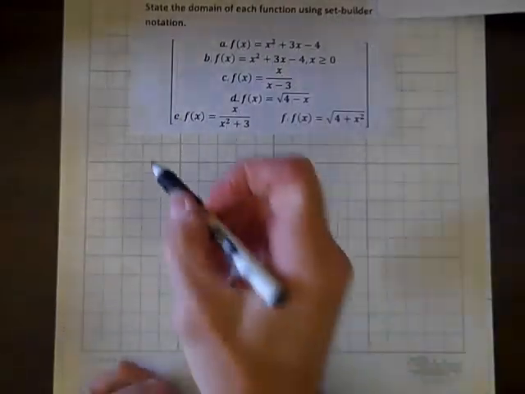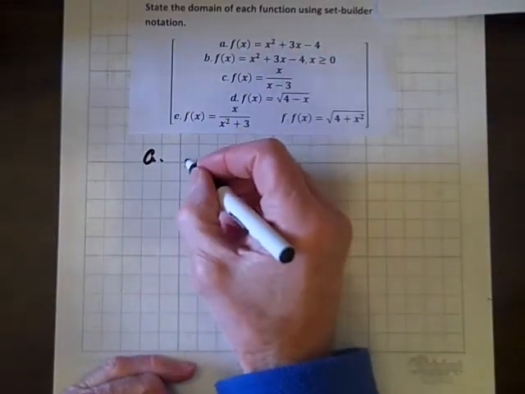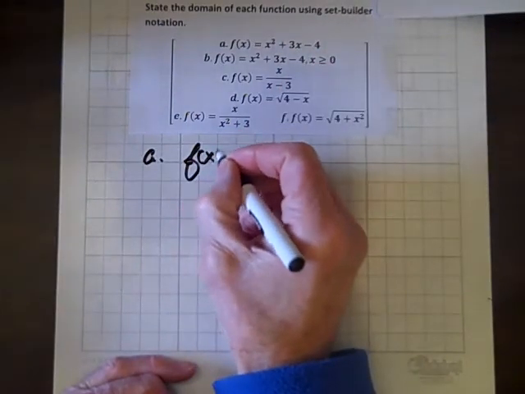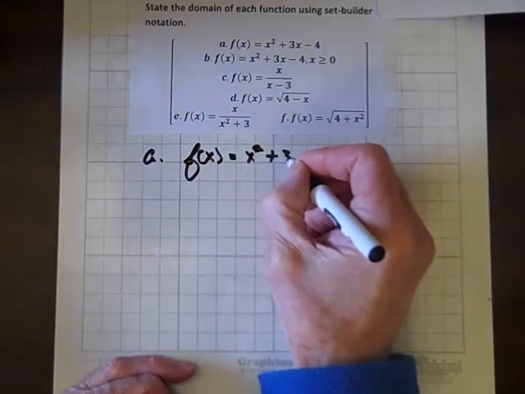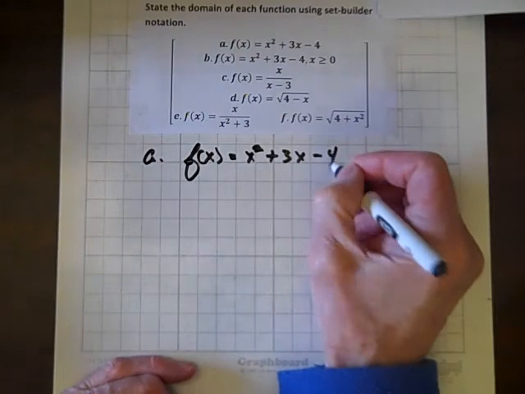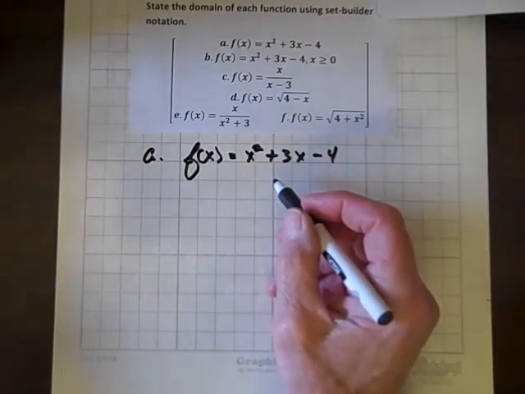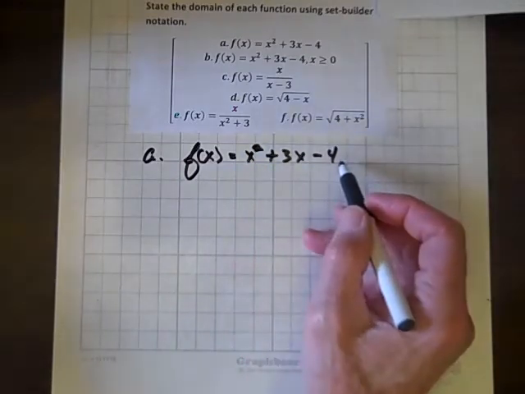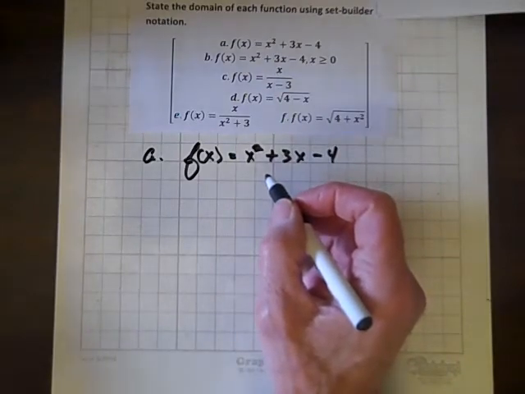Well, our task is to identify the domain of f of x equals x squared plus 3x minus 4. And so we have a couple of questions to deal with. Are there any variables in the denominator? And there are none, so there is no possibility of division by zero.